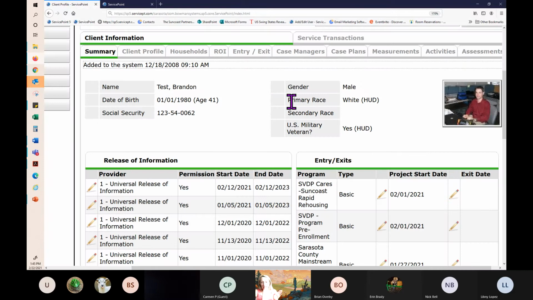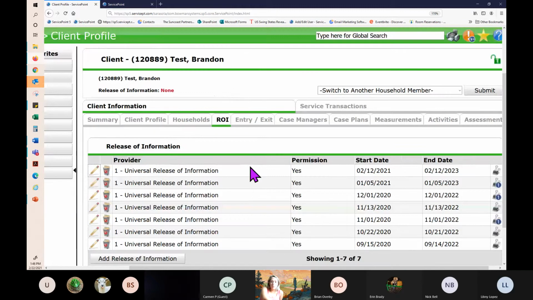The first thing that we all need to keep in mind, and I cannot stress this enough, is that our universal releases of information must be added, scanned, and uploaded to the client's CSIS record. We must always look to see that the client has an active universal ROI. So we can click here and review.